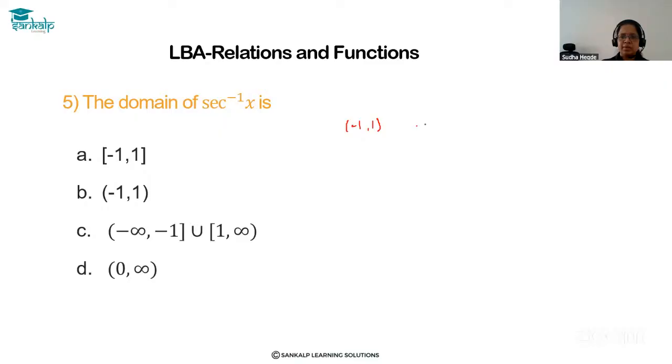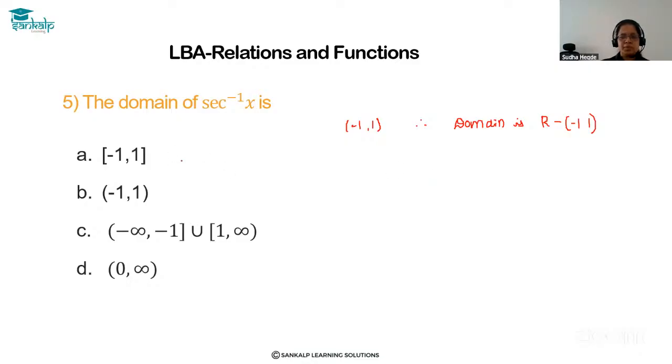Therefore, the domain is R minus -1 to 1. But check the options.